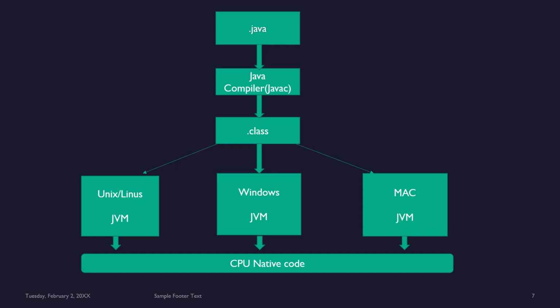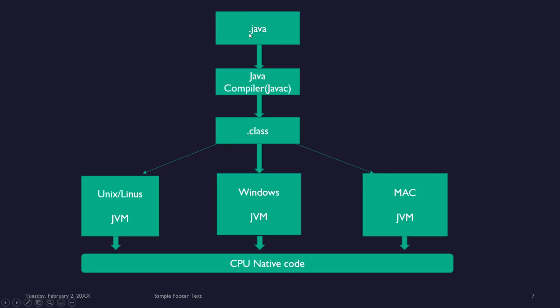But if you compile the code, it will not compile directly into 0 and 1. It will compile your code into a specific language that we call bytecode. After the bytecode, an interpreter will again interpret it into CPU-specific native code. That's how the flow works.